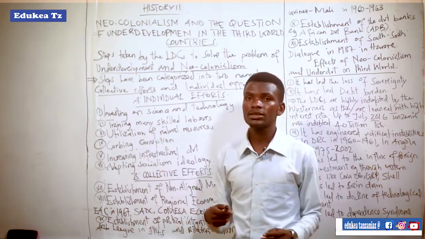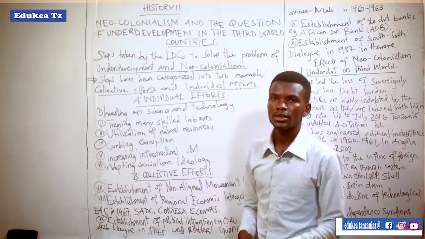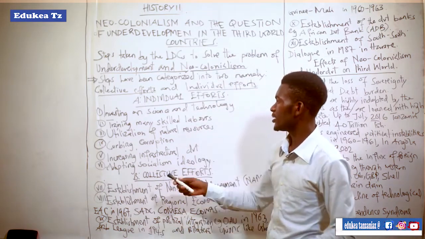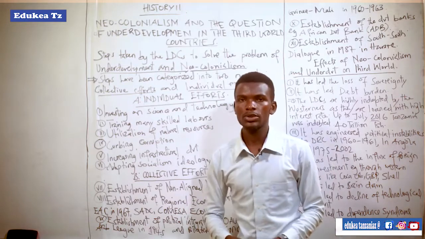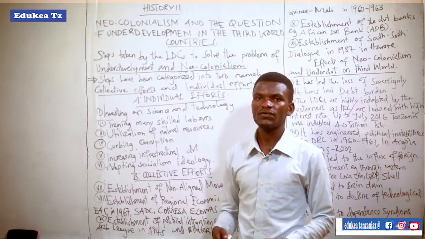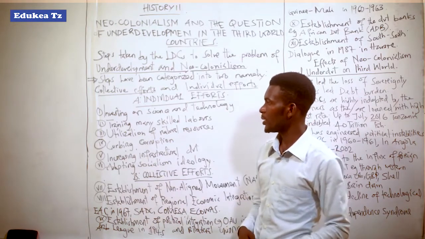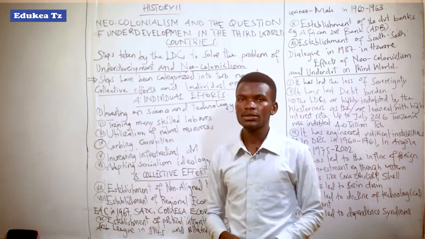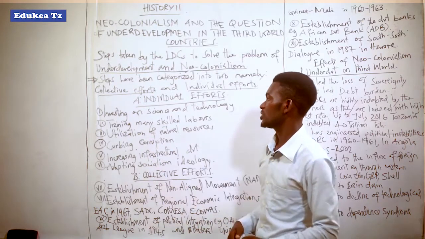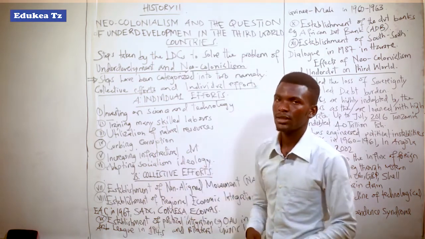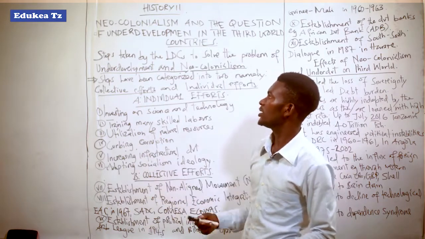Engineers, doctors, bankers, and other scientists were trained, so that they can come up with new inventions and discoveries, and better strategies which will push up the economic development of the third world countries.